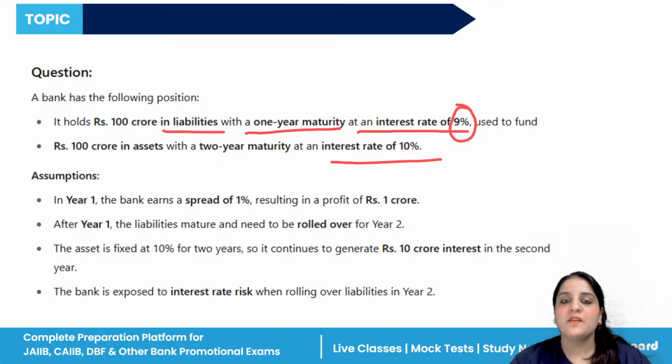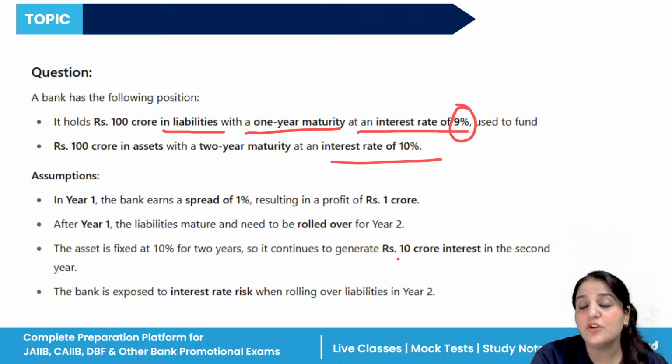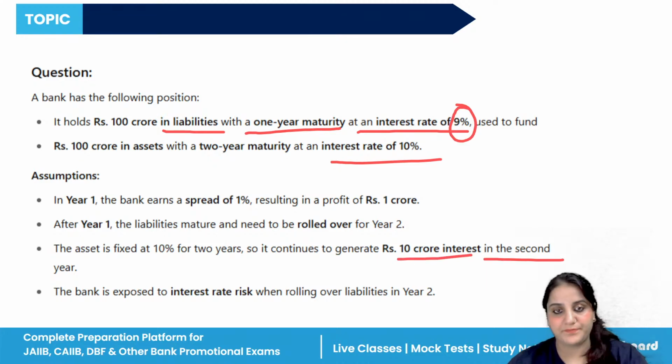After 1 year, the liabilities mature and need to be rolled over for year 2. Now the asset is fixed at 10% for 2 years, so it continues to generate 10 crore interest in the second year. Now the bank is exposed to interest rate risk when rolling over liabilities in year 2.